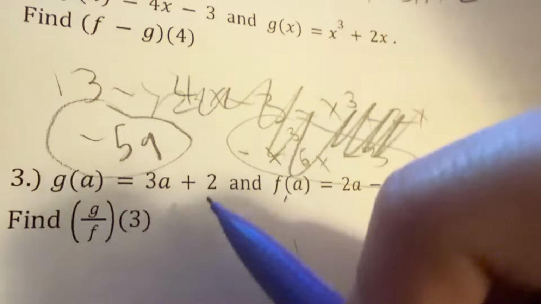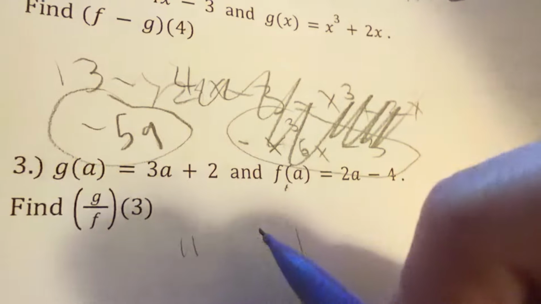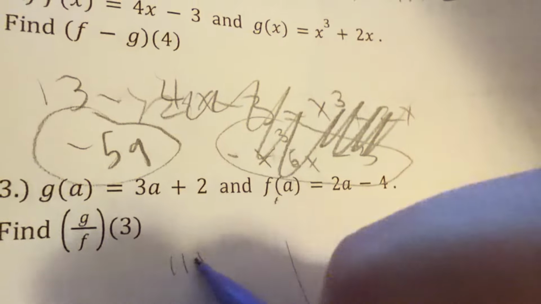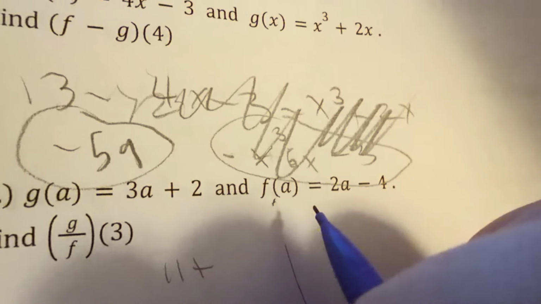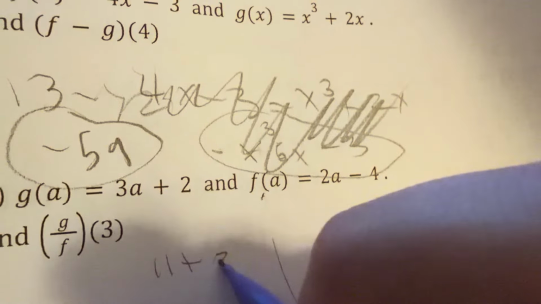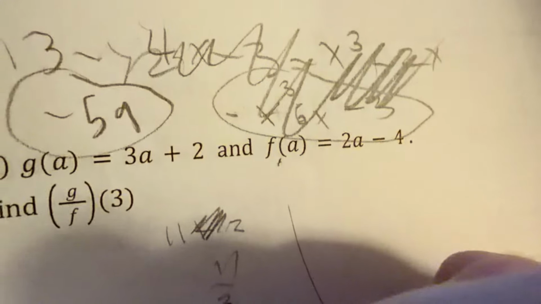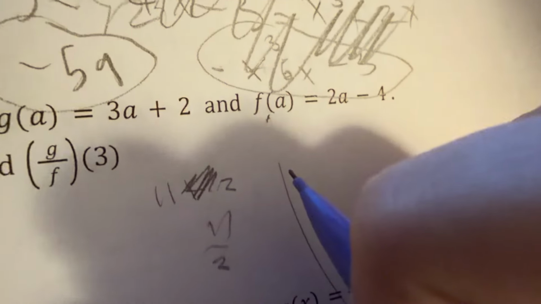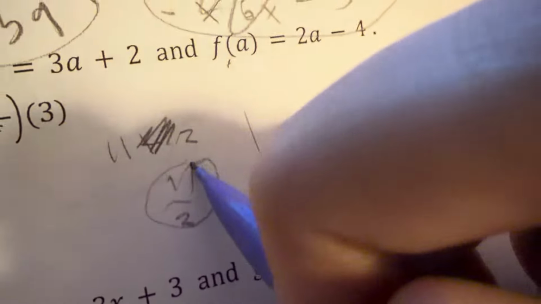Okay, so that'd be 9 plus 2, 11. And then that would be plus 6 minus 4, 2. So that would be 11. And then I don't think that simplifies.